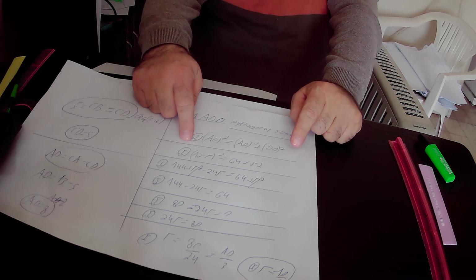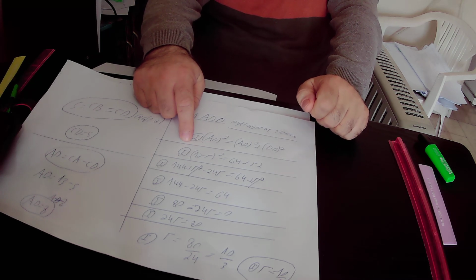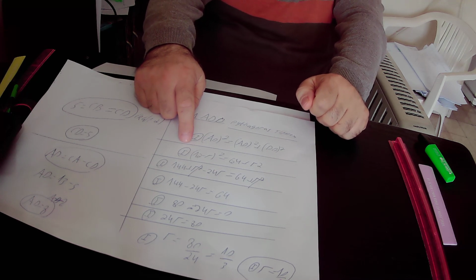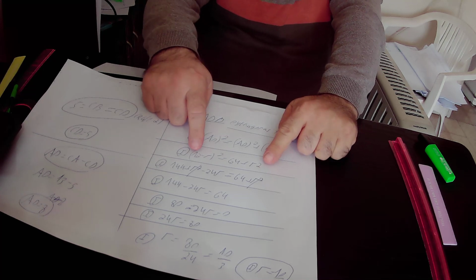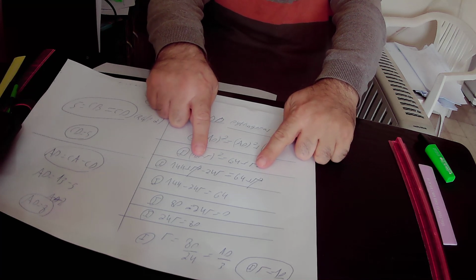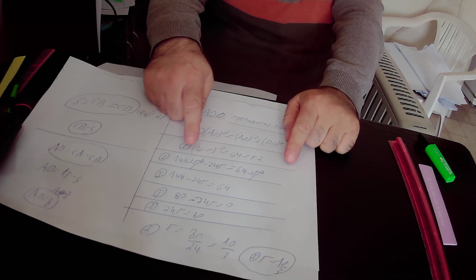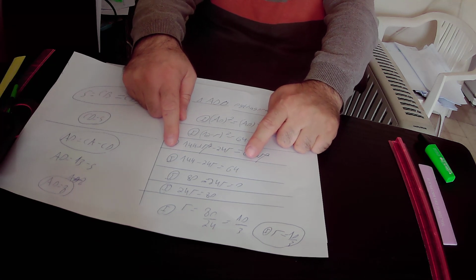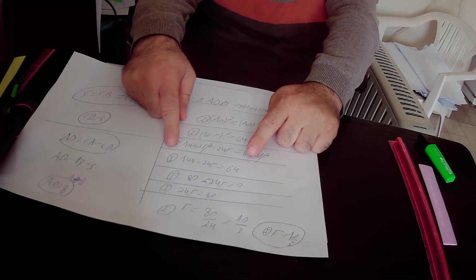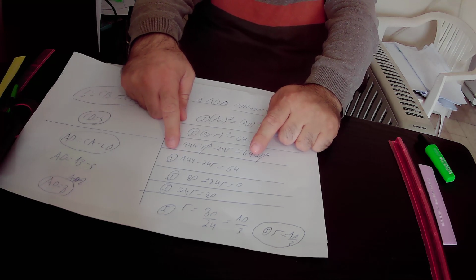And here we open the brackets. On this side of equation number 1, (12 minus R) square is 12 square, which is 144, plus R square minus 24R, and it equals 64 plus R square. We have R square on both sides of equation number 1, so R square gets cancelled, and we are left with 144 minus 24R equals 64. We subtracted 64 from both sides, and 144 minus 64 is 80.